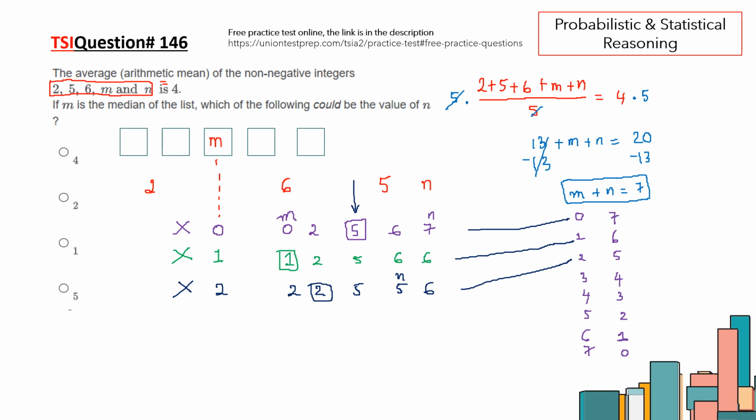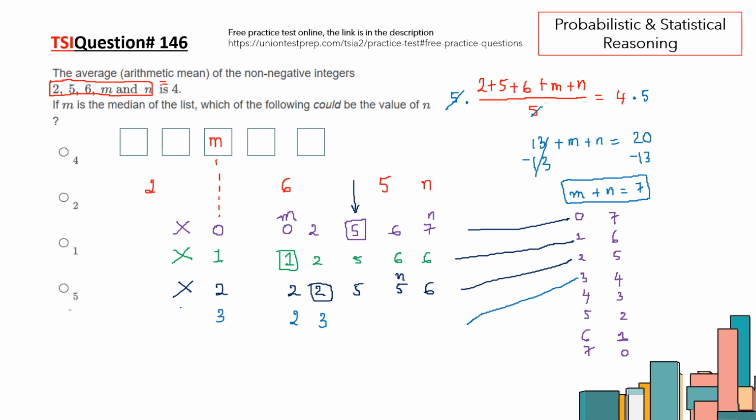Now we can check 3. If m equals 3, then you have 2, 3, and 5, because if m is equal to 3, then n equals 4.